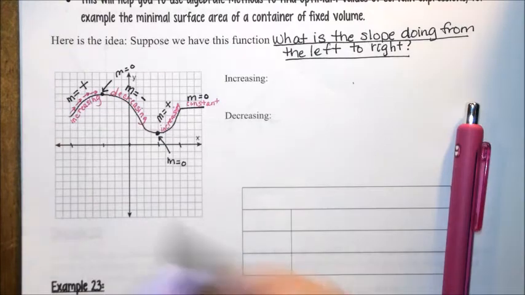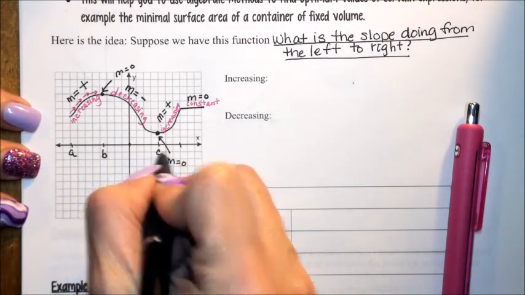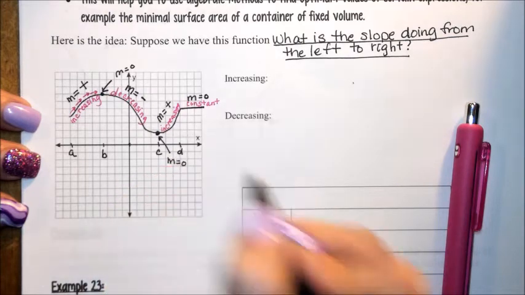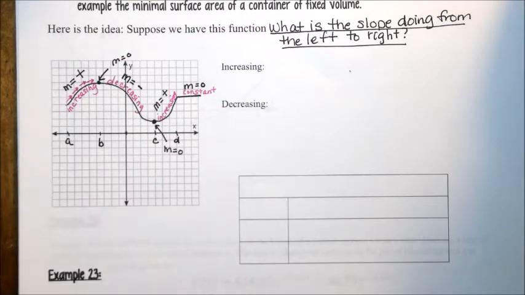So let's give these names. Let's call this A, B, C, and D right there. So here's what I want you to do. I want you to look at my function that we've done, and I want you to say on what x interval is it increasing and on what interval is it decreasing. I'm going to give you a second to think about that. All right.